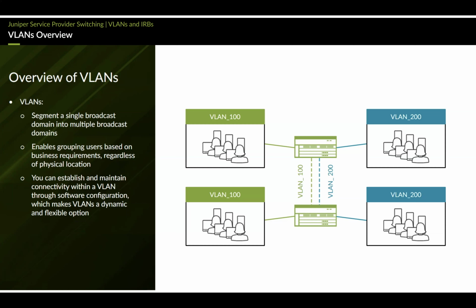Virtual local area network. If you want to segment your LAN into multiple domains or multiple broadcast domains, you can divide your flat or single LAN into multiple networks. When you want this, you need VLAN, virtual local area network.